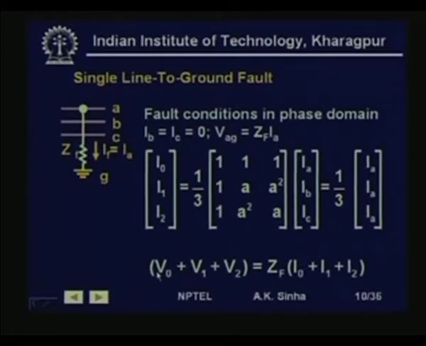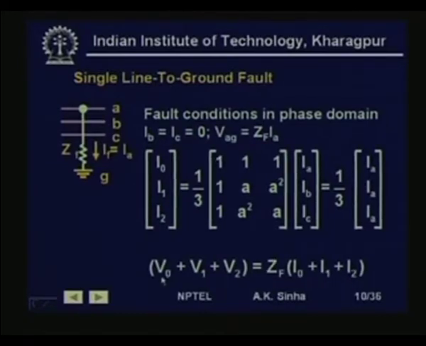For VA, we have V0 plus V1 plus V2, that is VAG, or the voltage on phase A at the fault point is V0 plus V1 plus V2, and this is equal to ZF into IA, and IA is equal to I0 plus I1 plus I2.